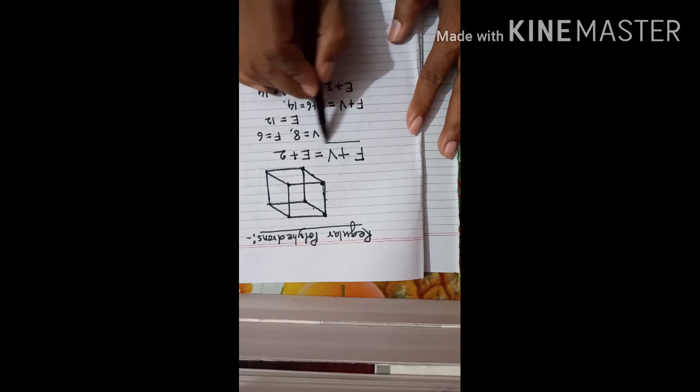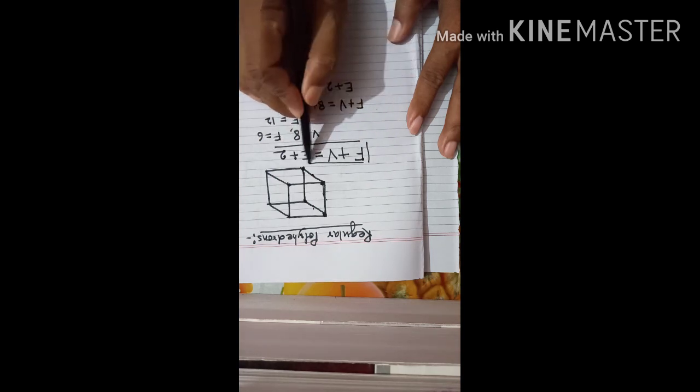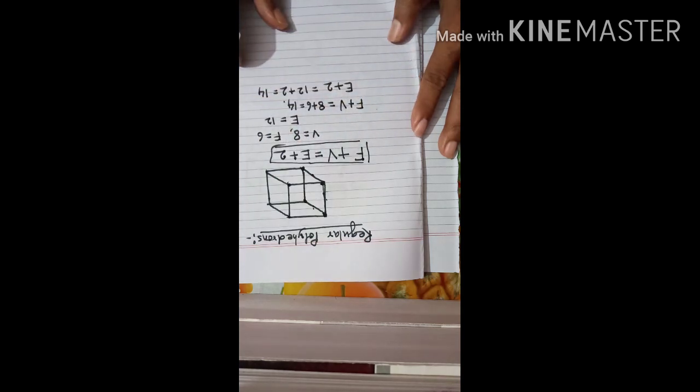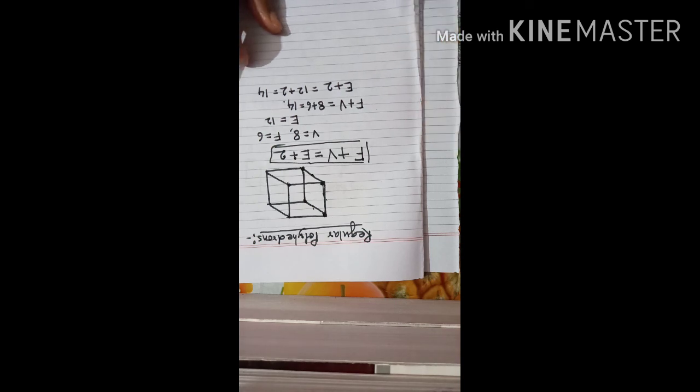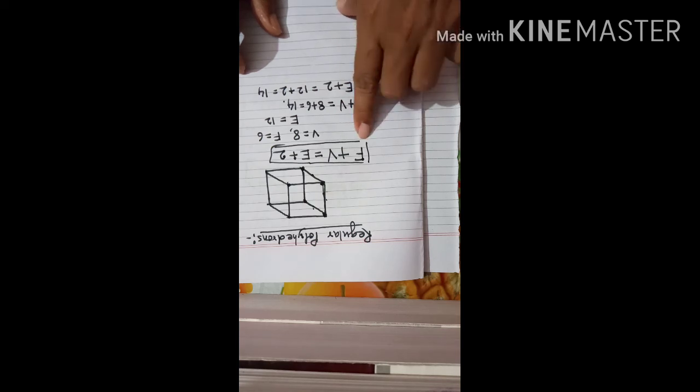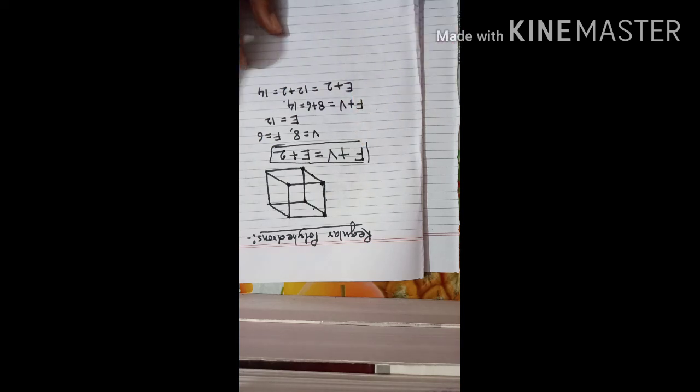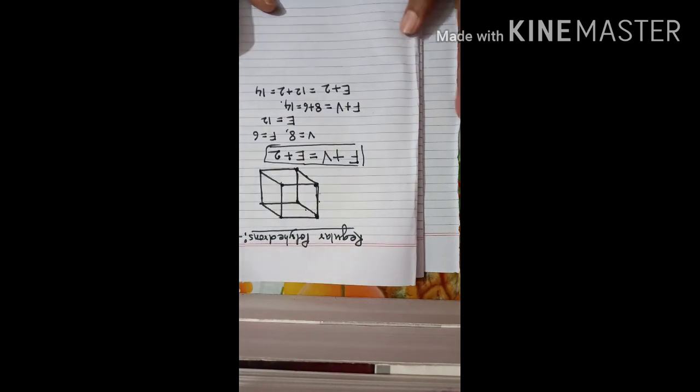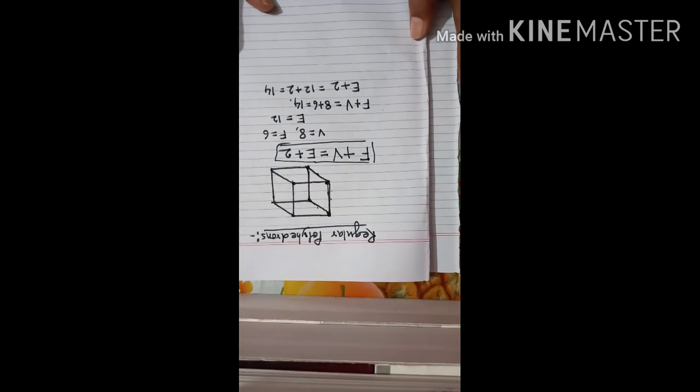So Euler's theorem is verified. Keep in mind F plus V equal to E plus 2, where F represents faces, V represents vertices, E represents edges.